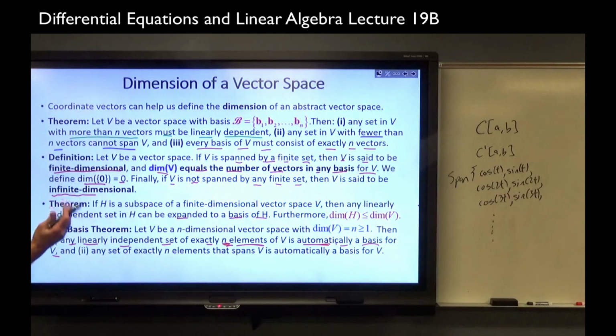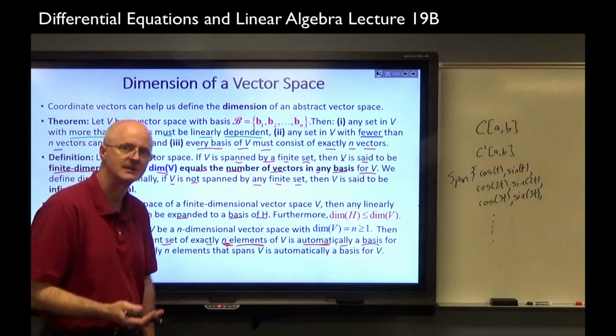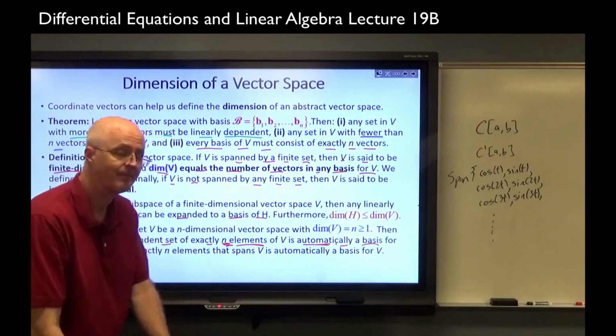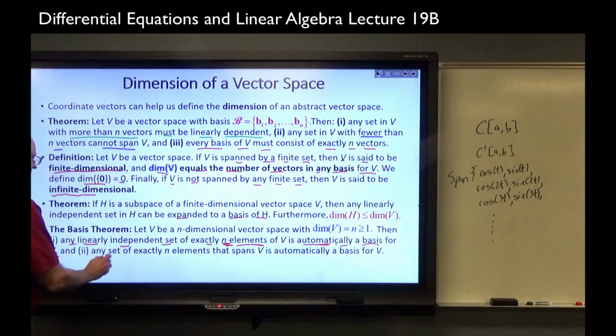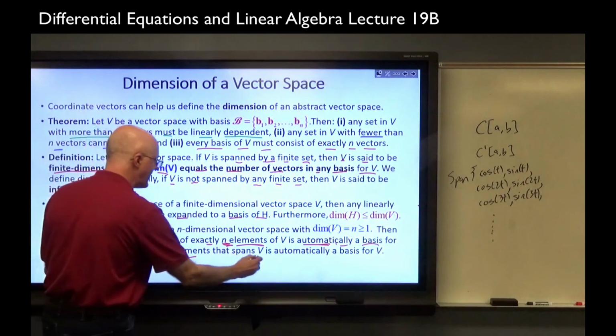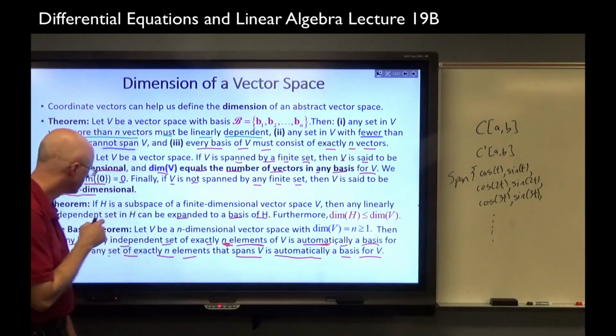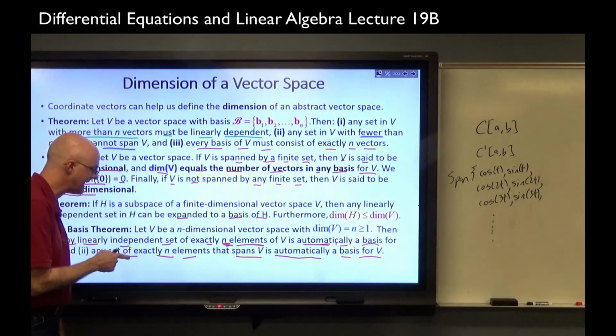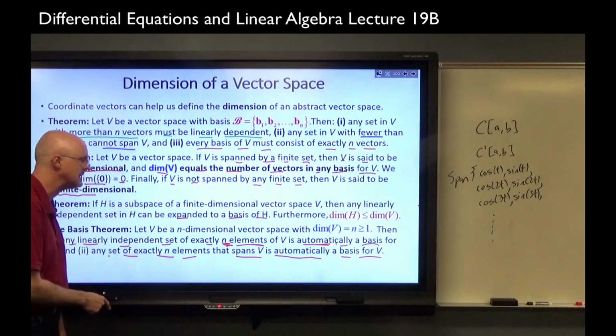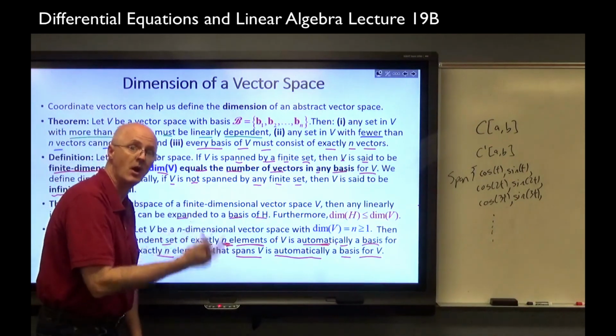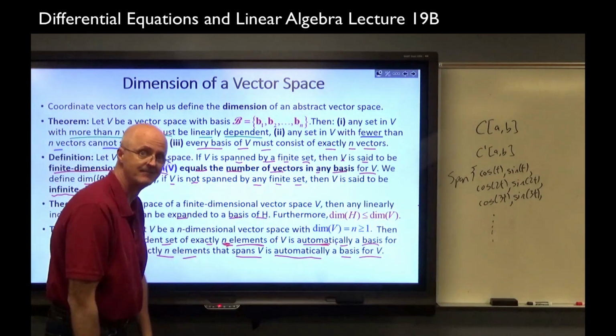If it's linearly independent and it has n vectors, it will automatically span. On the other hand, any set of exactly n elements that spans V is also automatically a basis for V. If you know it's a spanning set with exactly n elements, where n is the dimension of V, it will automatically be a basis. It will automatically be a linearly independent set.